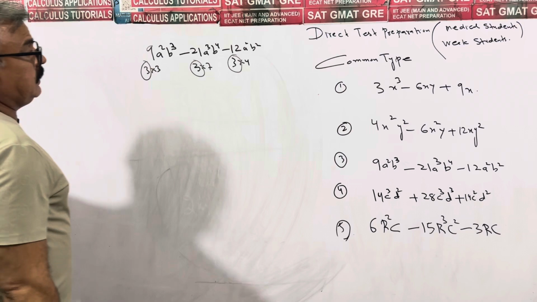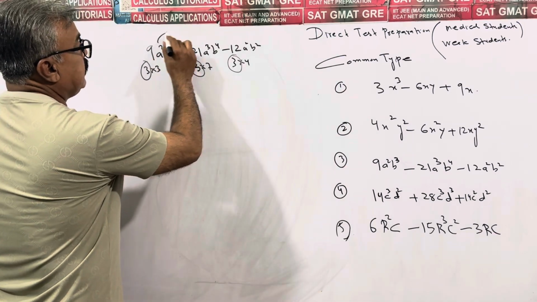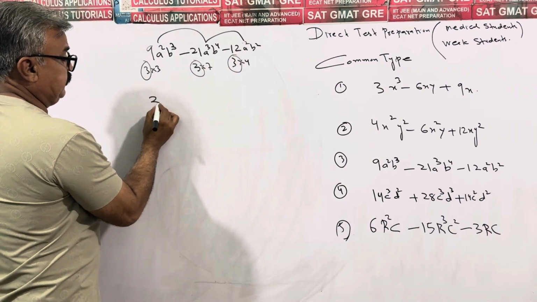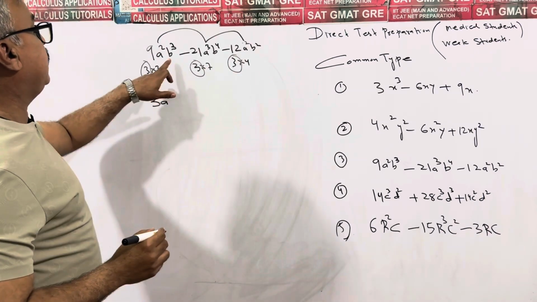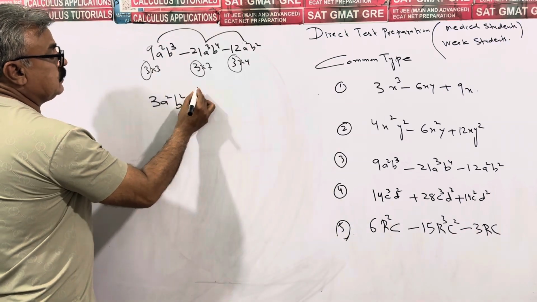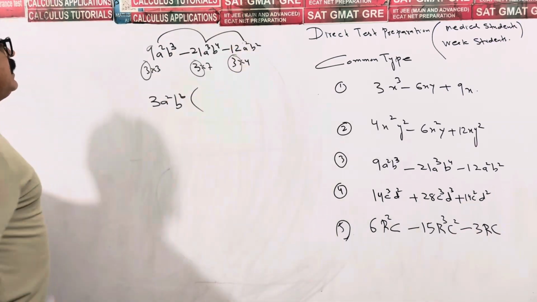From the letters, take the minimum power common. A square, a cube, a square, so a square is the minimum power. What about b? b cube, b4, b square. The minimum power of b is b square. So 3a square b square is our common factor.